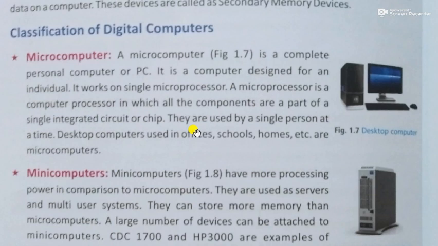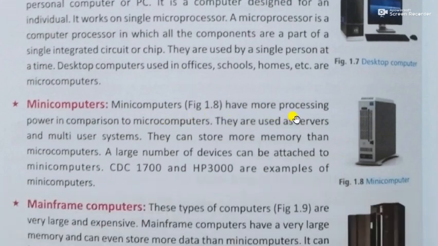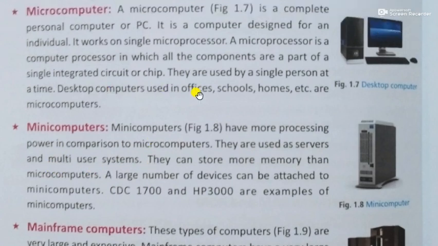Next, minicomputers have more processing power in comparison to microcomputers. They are used as servers and multi-user systems. Here in the microcomputer we have only one processor, where only one person can use it at a time.